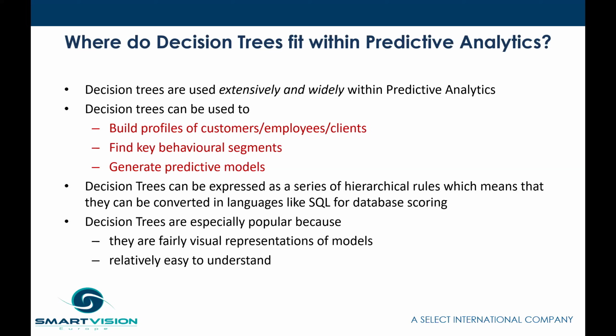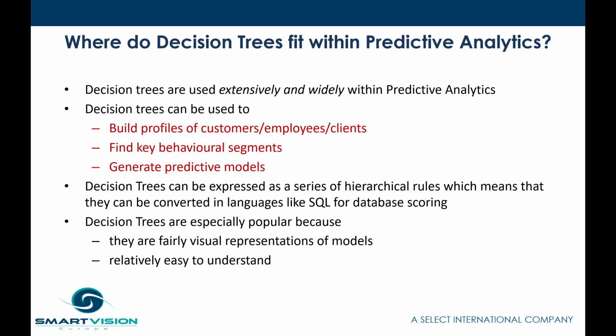These are often key behavioral segments. Lastly, they can be used in themselves to generate a predictive model. So they can be used predictively to say what is the likelihood that somebody's going to, I don't know, renew a subscription to their Netflix account, or people who are likely to recommend a particular service, or people who are likely to default on a payment, or people who are likely to defect from a particular subscription that they have, for example.